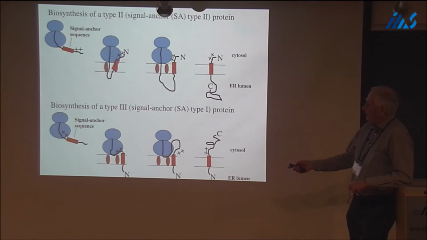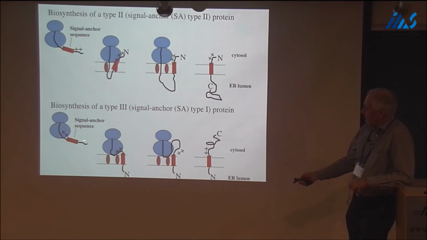Type 3 is also called single anchor type 1. And in this case, the positive charges are on the other side of the hydrophobic segment, and there are no positive charges to retain the N-terminus. And often these hydrophobic segments are longer. And this segment here also needs to be unfolded, or at least loosely folded.